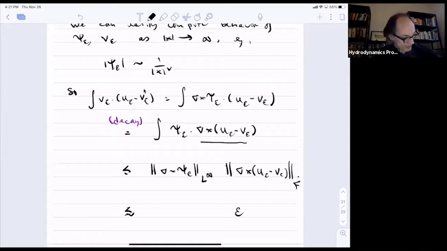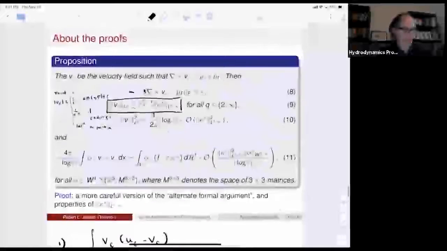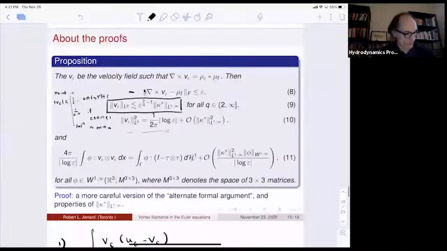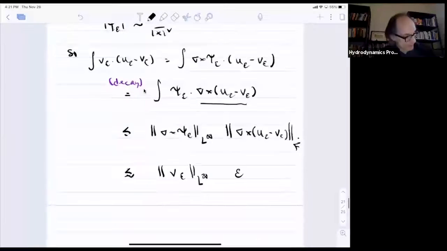And what is this? Well, this is just the L infinity norm of v epsilon, because that's what the curl of psi is. And that we know from up here. We said that's of order 1 over epsilon.